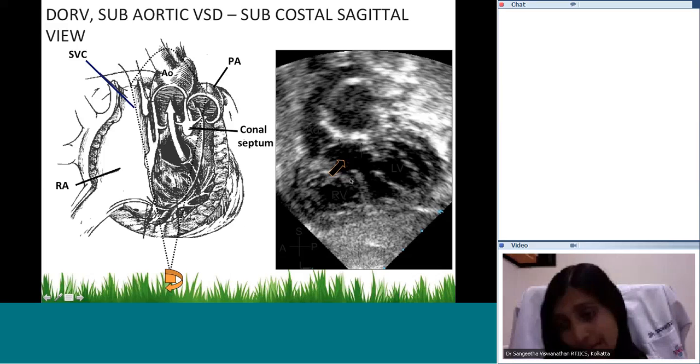This is the LV, and this here is the RV. You can see the ventricular septum, the crest of the ventricular septum, and you can see the aorta here with the subaortic VSD. Now, just looking at this image, you can clearly see that this aorta is probably rootable, that you can place a baffle or a patch here, and that the LV can be committed to the aorta.